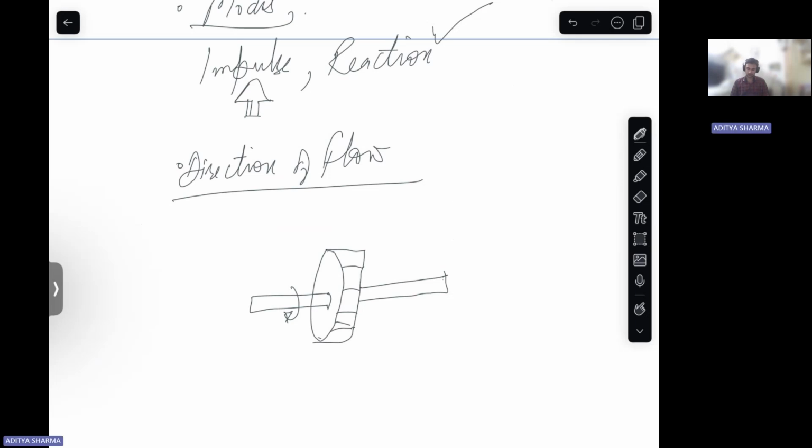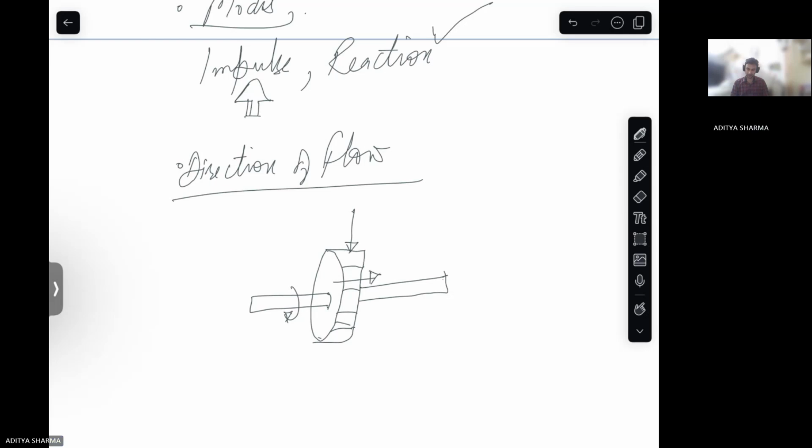Then if the flow is in this direction, along the axis, in that case this is axial flow. If water is entering from here, perpendicular to this shaft, in that case it will be radial.